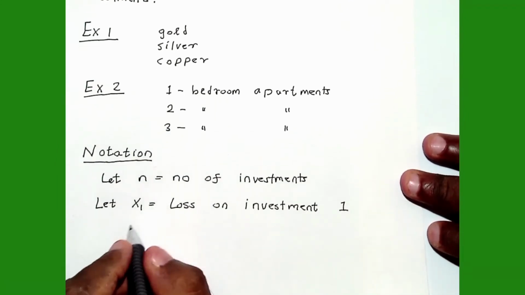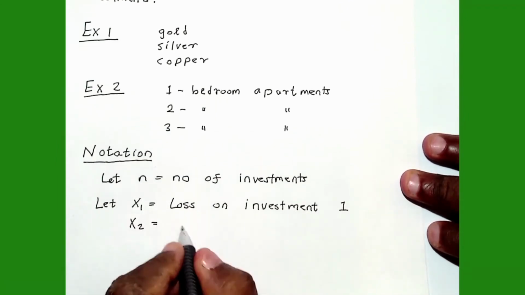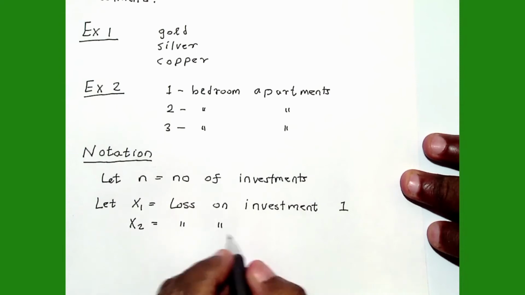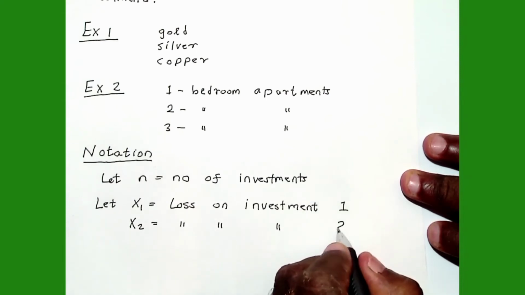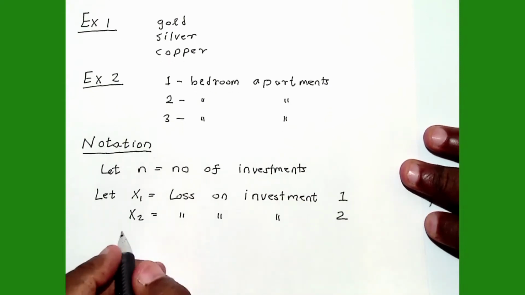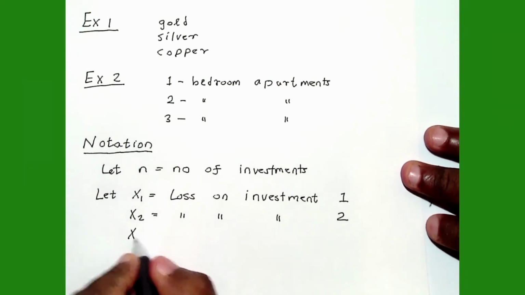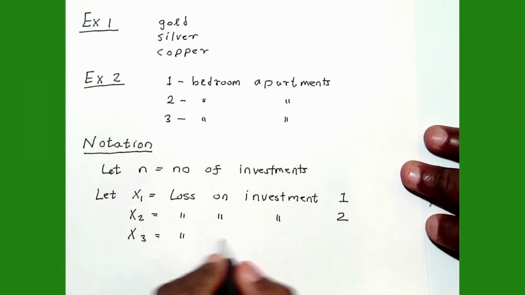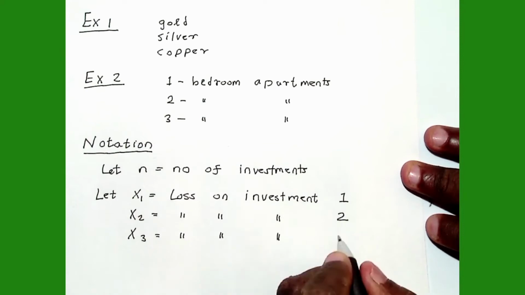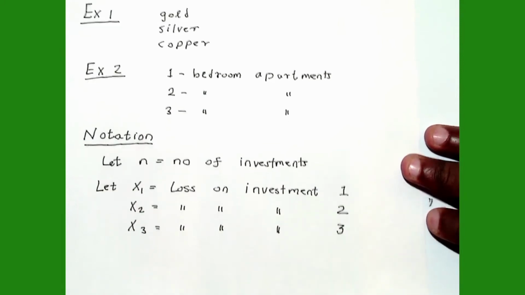Okay, X2 denote the loss on investment 2. And let X3 denote the loss on investment 3.